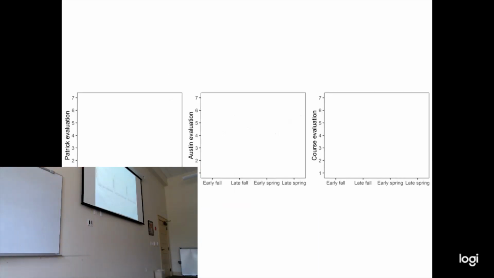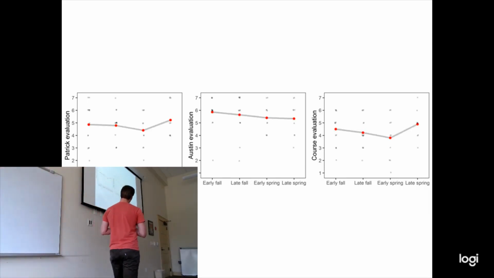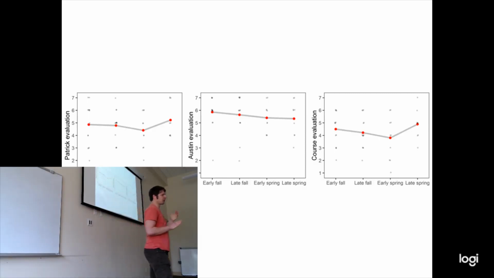In terms of evaluations of the course overall, evaluations of the course overall have improved a fair amount. Evaluations of me have, well, started out at a 5 and ended at a 5. But this is something that we've seen throughout, is that what you think about the course is remaining pretty steady.